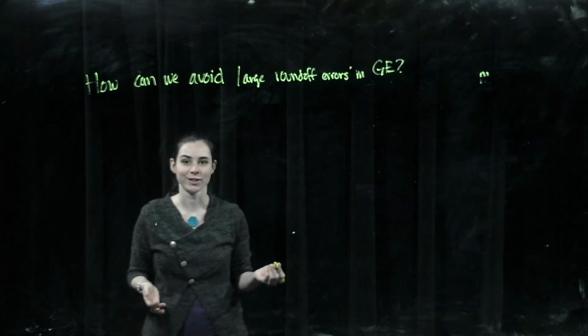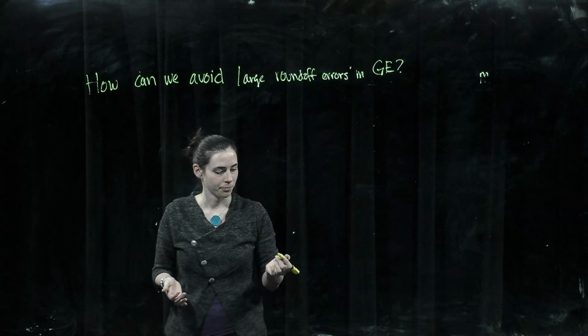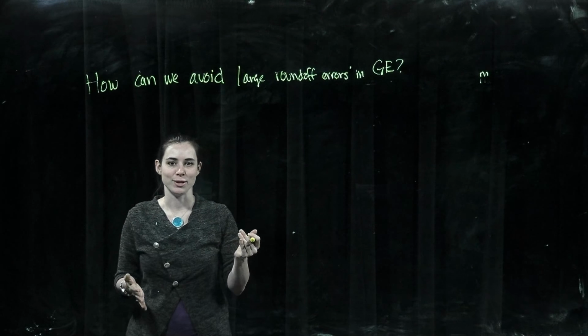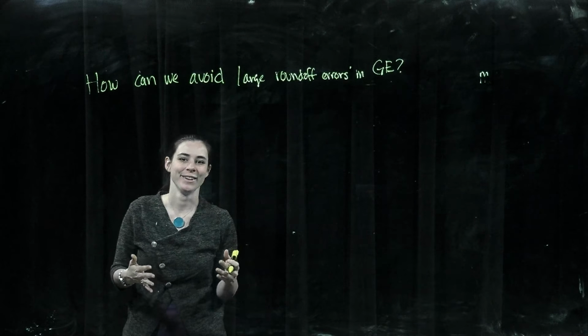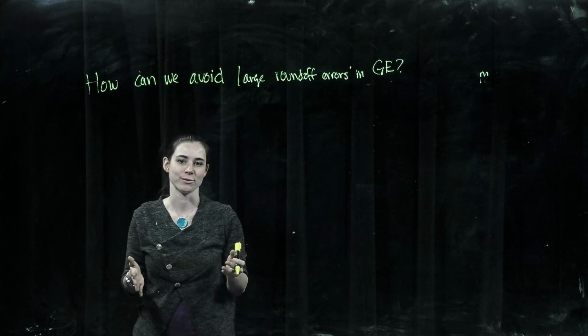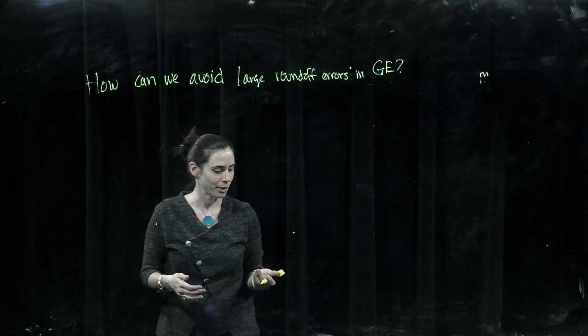Well, we can avoid large multipliers by making sure that when we calculate our multipliers, we don't divide by a very small number.